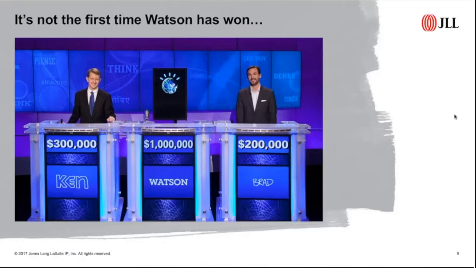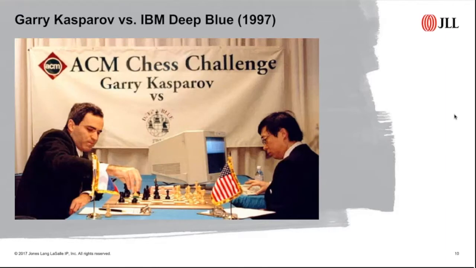But it goes even further back. IBM has been investing in this type of AI machine learning technology for a very long time. If you are an older nerd like myself, you'll remember from the 90s the Deep Blue challenge against one of the greatest chess players in the world, Garry Kasparov, who played against IBM Deep Blue in 1997.